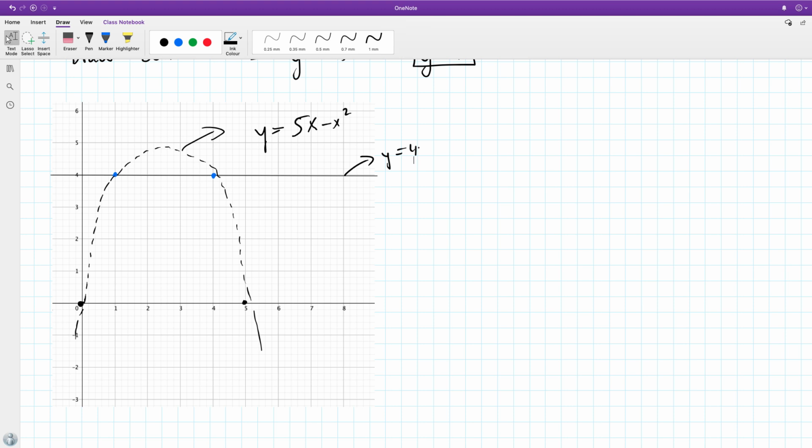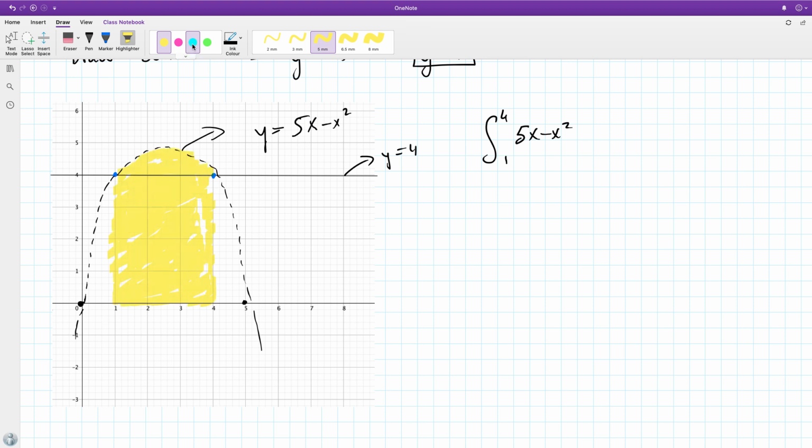We are going to integrate our curve between 4 and 1. So we're going to integrate 5x minus x squared between 4 and 1. Once again, it's all about visualizing what you're actually doing. What that does is it gives you all of this. That's what between 4 and 1 gives me.